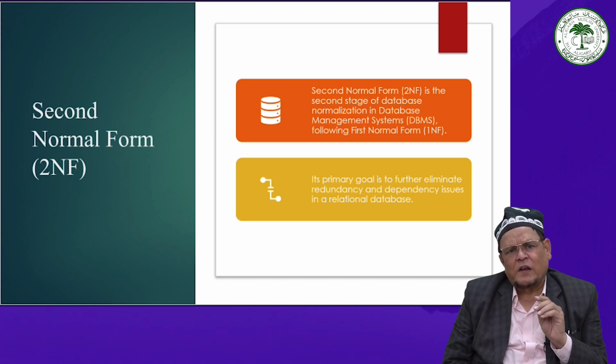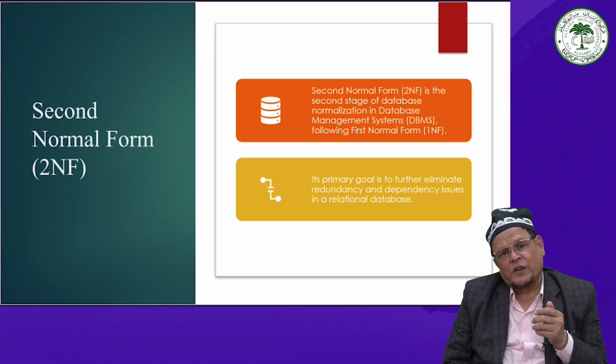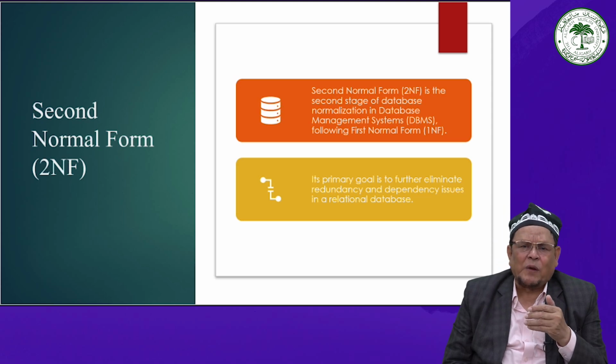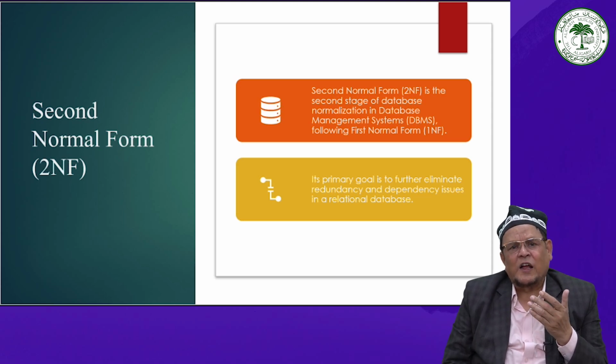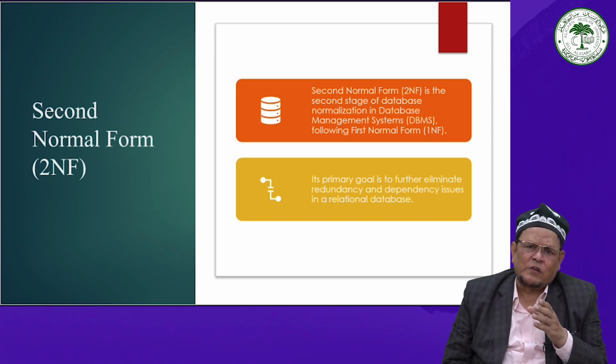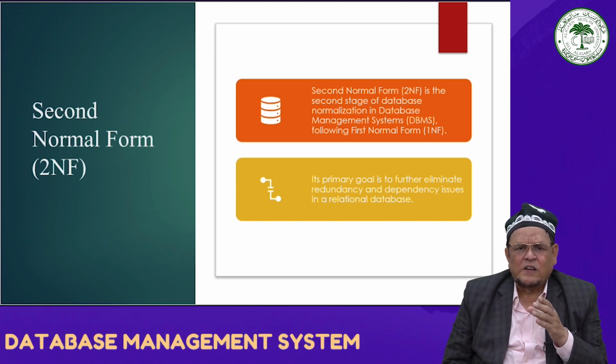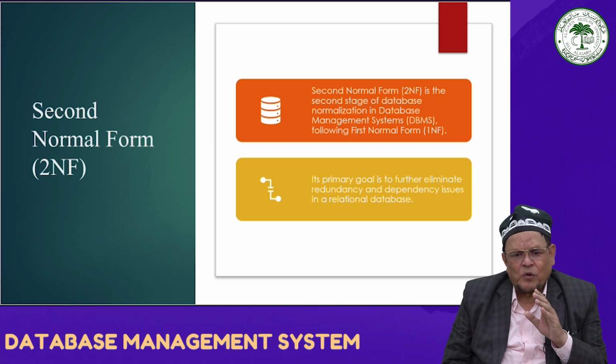Update anomaly: suppose the address of the employee has been changed, at that time you have to see how many times the address appears. So if the relation does not satisfy any of these three anomalies, insertion, deletion and updation, then we can say this relation is not normalized. So we have to decompose the relation.